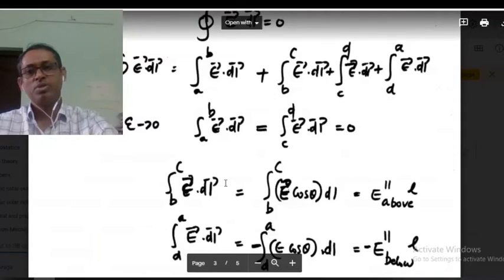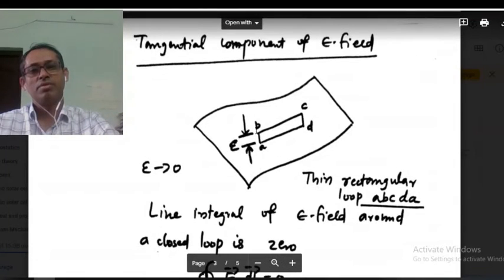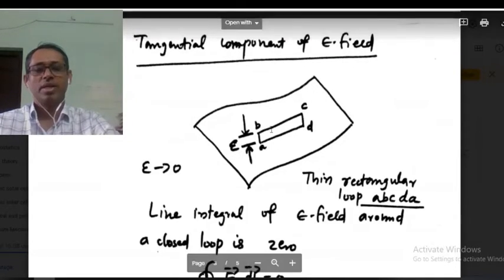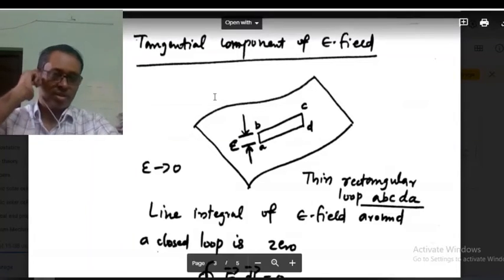And for B to C E dot dl, what is B to C? From this point to this. D to A is in the opposite direction, which we have to consider.